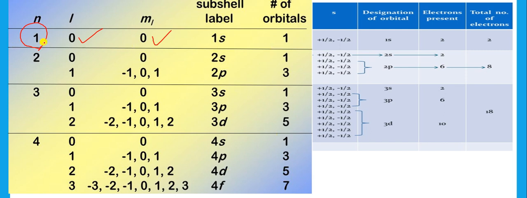The first subshell has 1 orbital, and what about the spin quantum number? We can represent it by plus half or minus half, because the 1s orbital has the capacity of 2 electrons, so it can have plus half or minus half spin. The total number of electrons that can be accommodated in the first shell is 2.